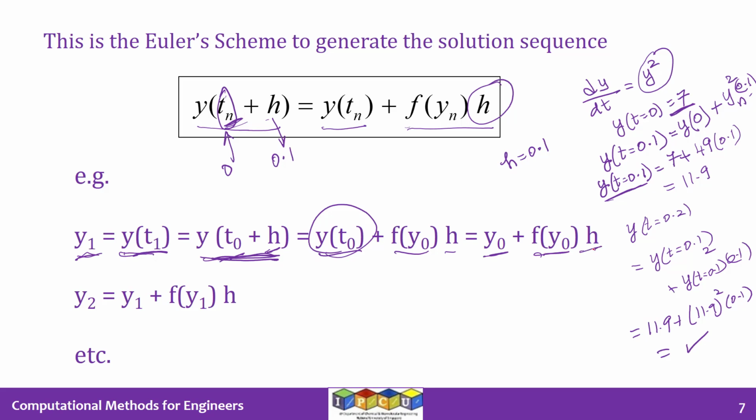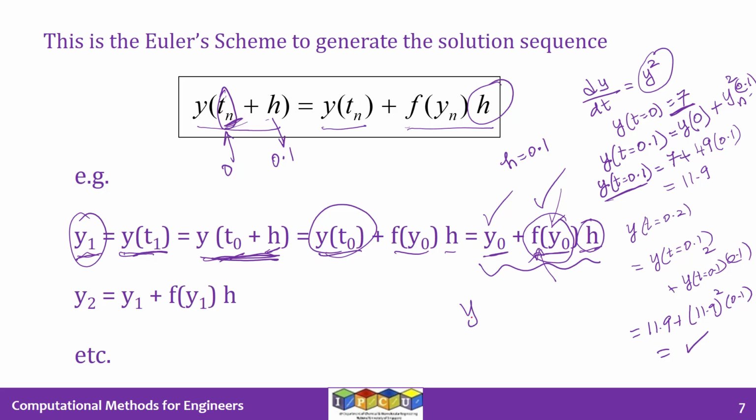Please note, we know the value of y0 because the initial condition is given. Since we know y0 and we know the function form for f, which is given to us, we can evaluate the function at y is equal to y0. So we can calculate this. We know what is the step size we desire because we choose what h is. So everything on the right hand side is known, and therefore you can find y1.